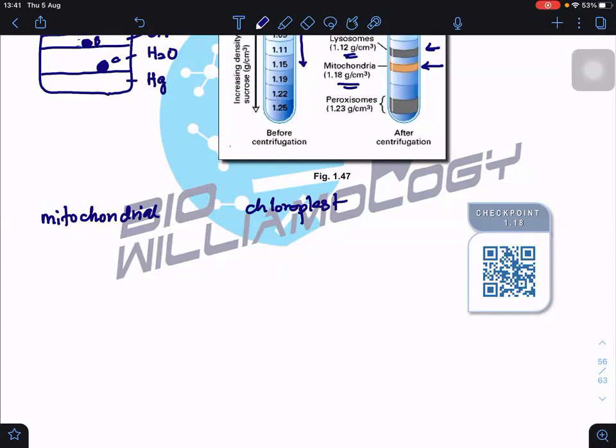Okay, so the answer is the density of the chloroplast will be greater than mitochondria, because they have more membrane. They're heavier actually, in fact. If you look at mitochondria, they have the outer membrane and inner membrane. Clear enough?